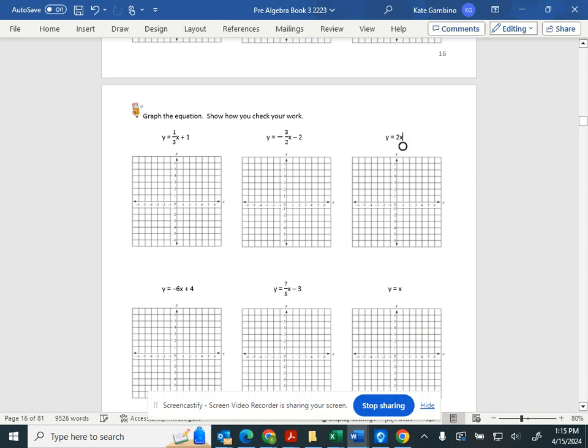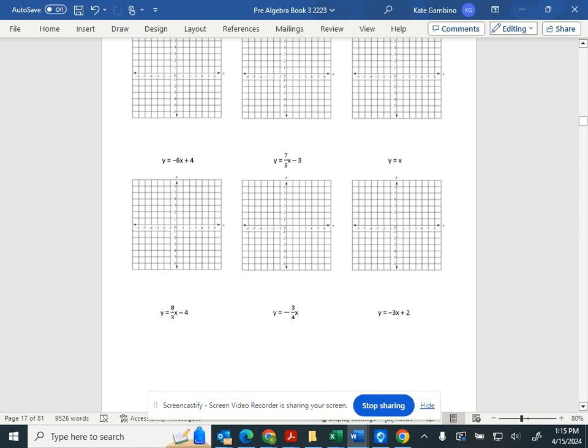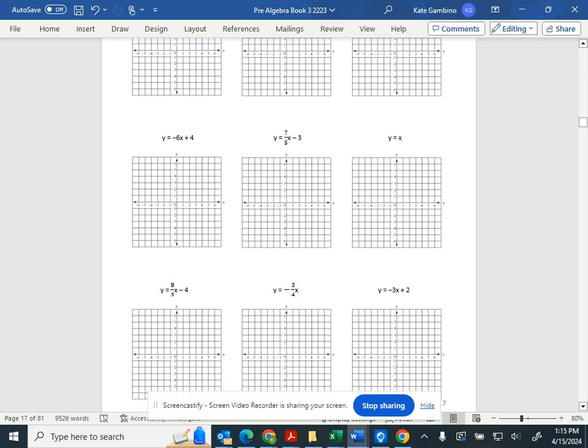If there is no y-intercept listed, what is my y-intercept? Madden? So what would the ordered pair be? If there's nothing there, it's 0, 0. If there's no slope listed, what is it, Claire? 1 over 1.